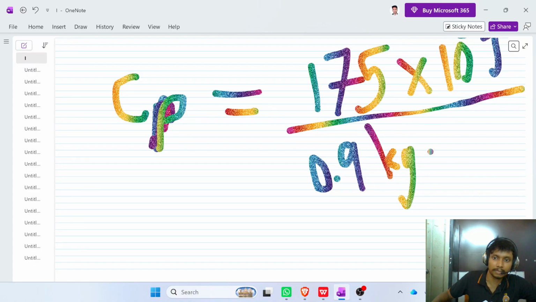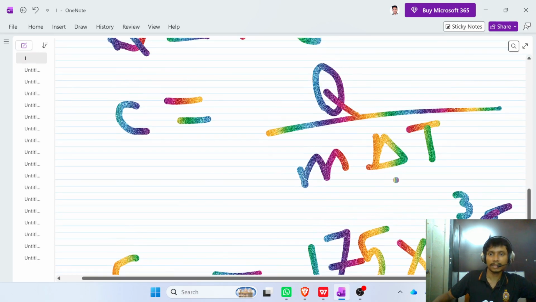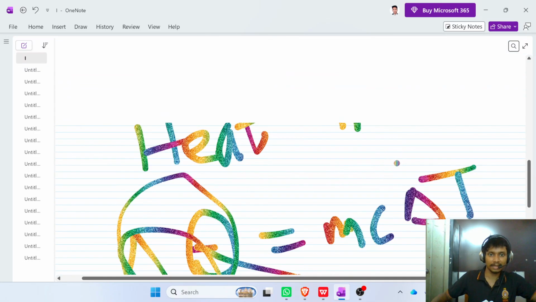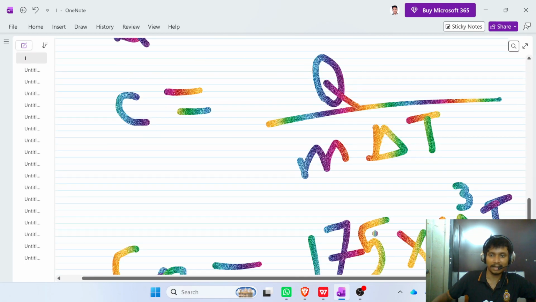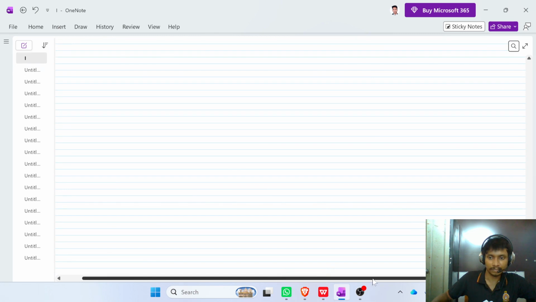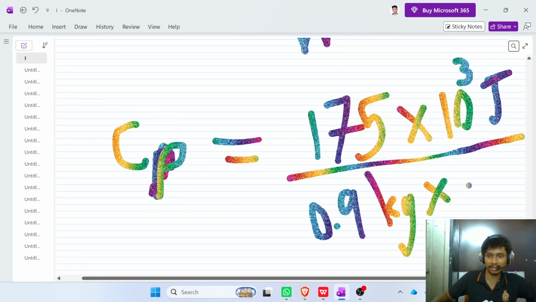Then we multiply by delta T. What is the temperature difference? We move from 15 to 250 degrees Celsius. Delta T is T2 minus T1.